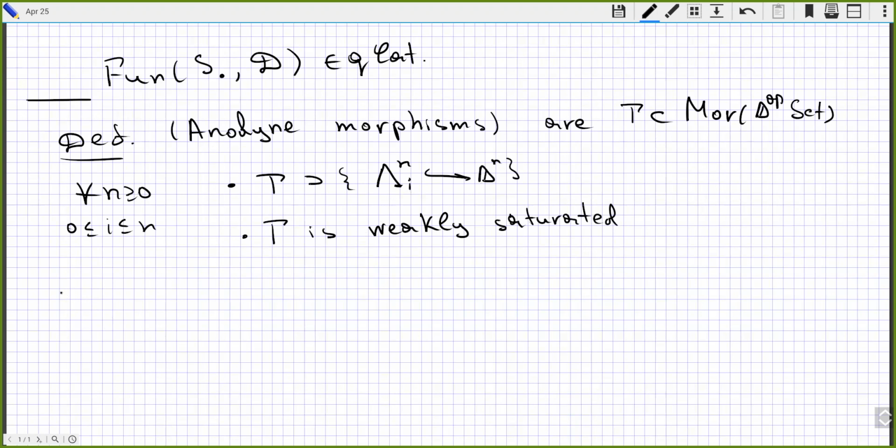And what I would say is the easy example: every endomorphism is in fact a monomorphism. And that is because inclusions of horns are monomorphisms themselves.